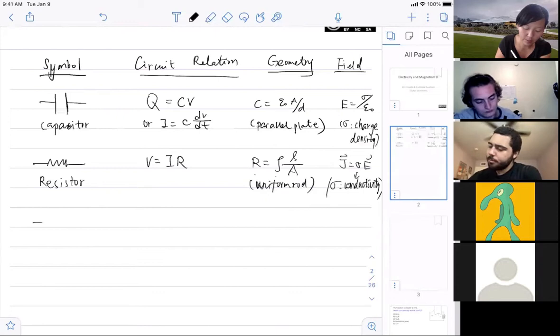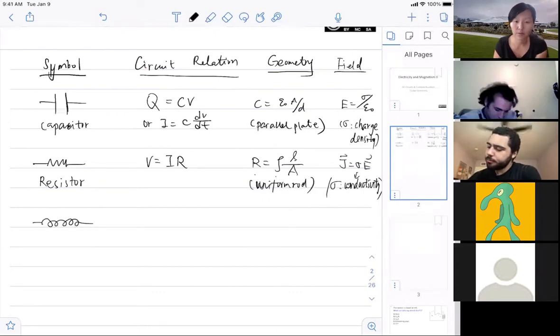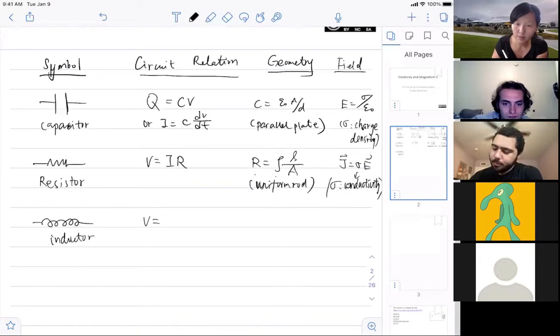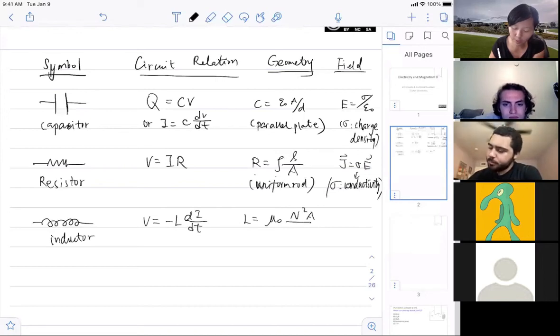Sometimes we have something like this. Looks like a solenoid, right? This is an inductor, which is a solenoid. V is negative L dI/dt. And the inductance, sometimes you can write it using the total number of turns squared times area over the length, or you can replace N over L with the number density, little n, times big N times A. So these two are the same idea for a solenoid.